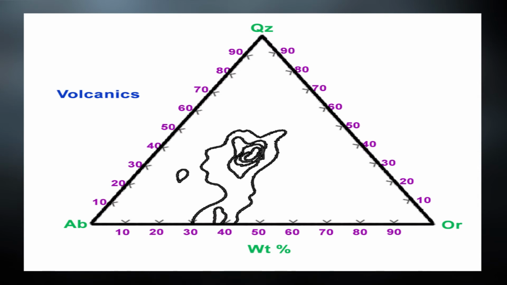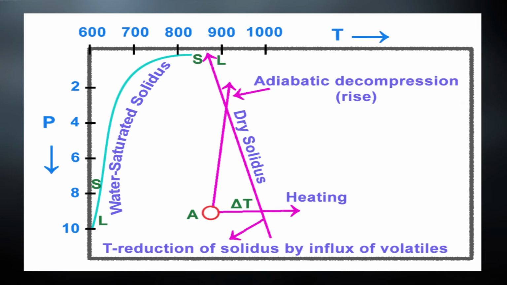The wet melts, negative slope, although produced at lower temperature, 650 to 700 degrees centigrade, and at shallower depth, nearly 15 to 20 kilometers within the Earth, cannot rise far before crystallization. That means that wet melt will never be erupted as acid volcanic.